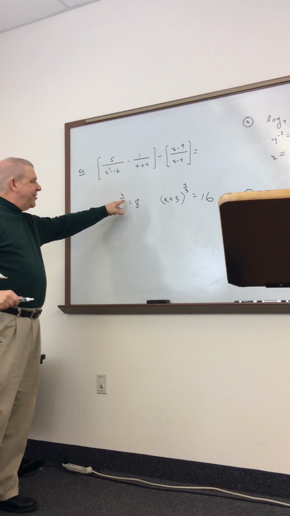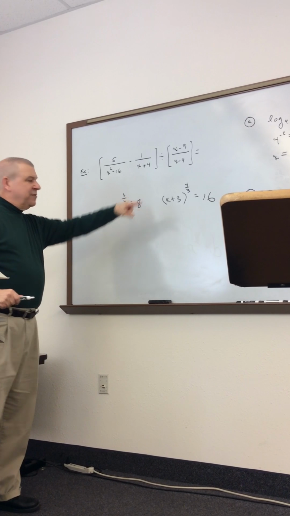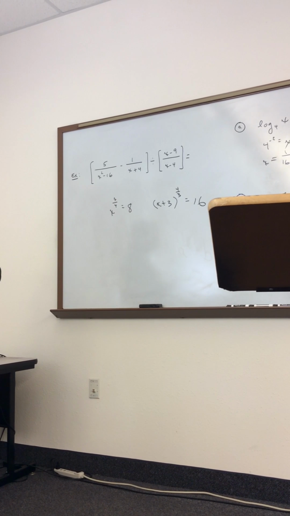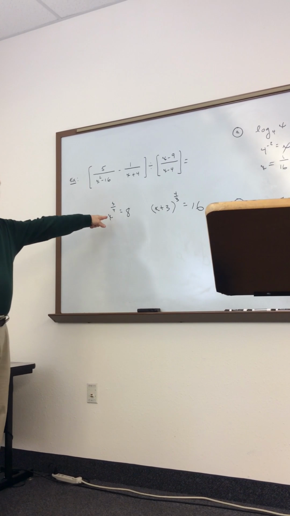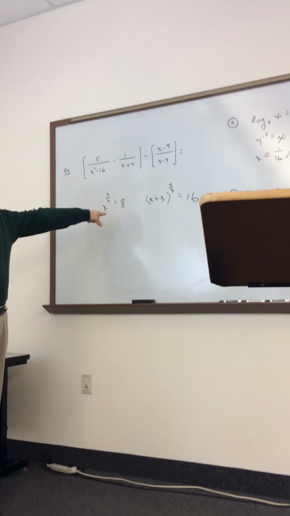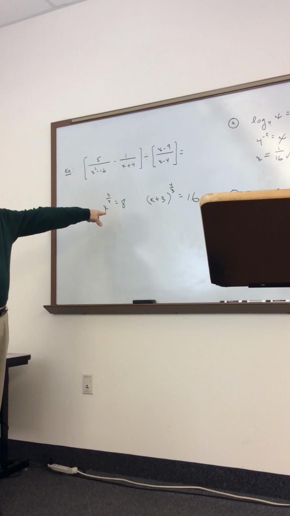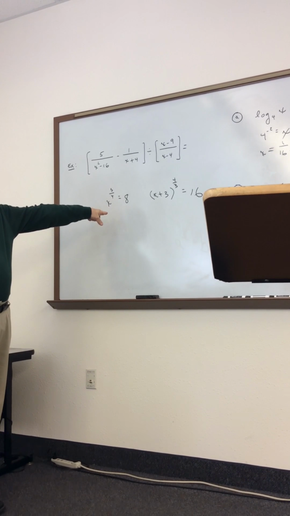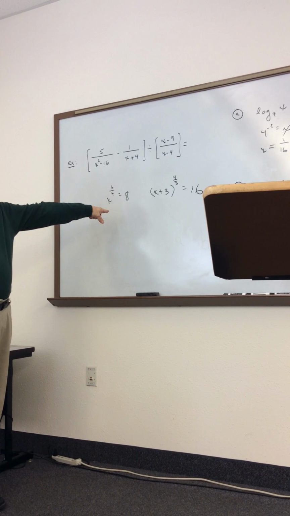If you have a fractional exponent equals a number, what do you think you would do to each side? If I said solve this for x, what do you think would be a real smart thing to do on both sides? Could you set each side to the power of the denominator to get rid of the fraction?